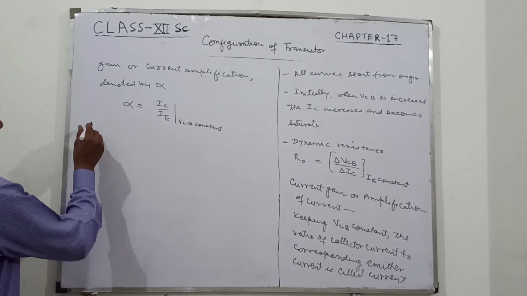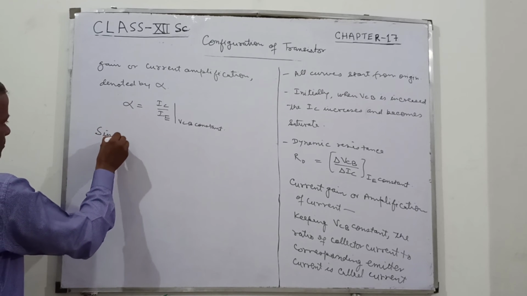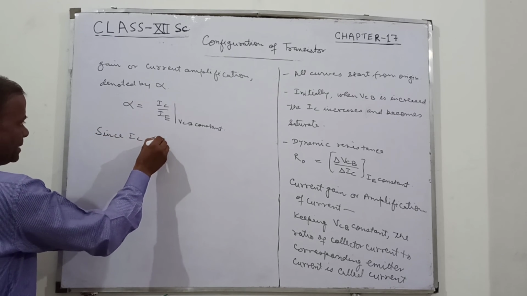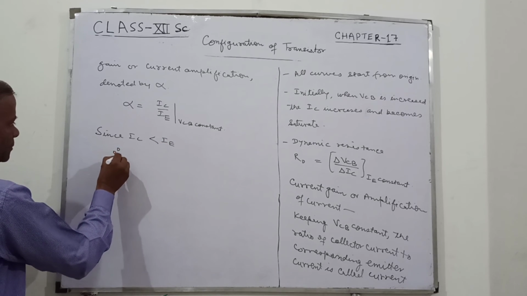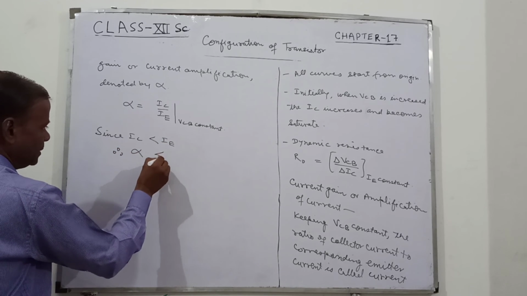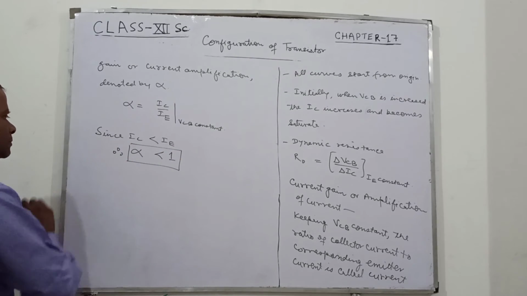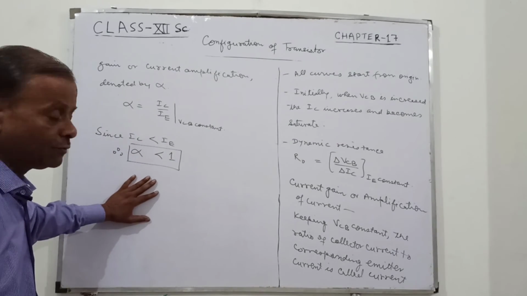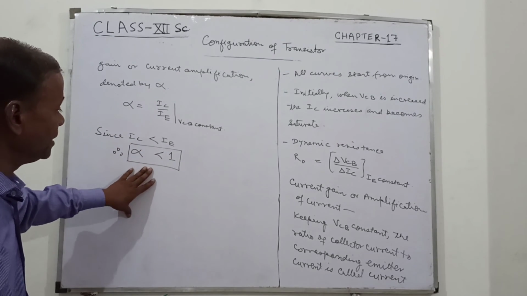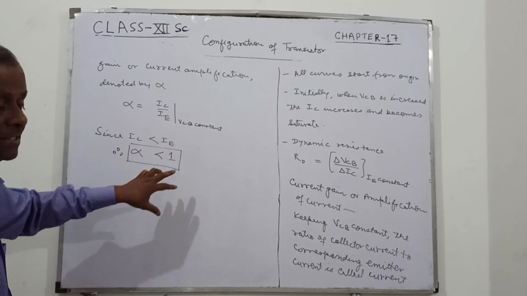So you can see, since IC is less than IE, therefore alpha is less than 1. Though they are of approximately the same amplitude, IC is less than IE.